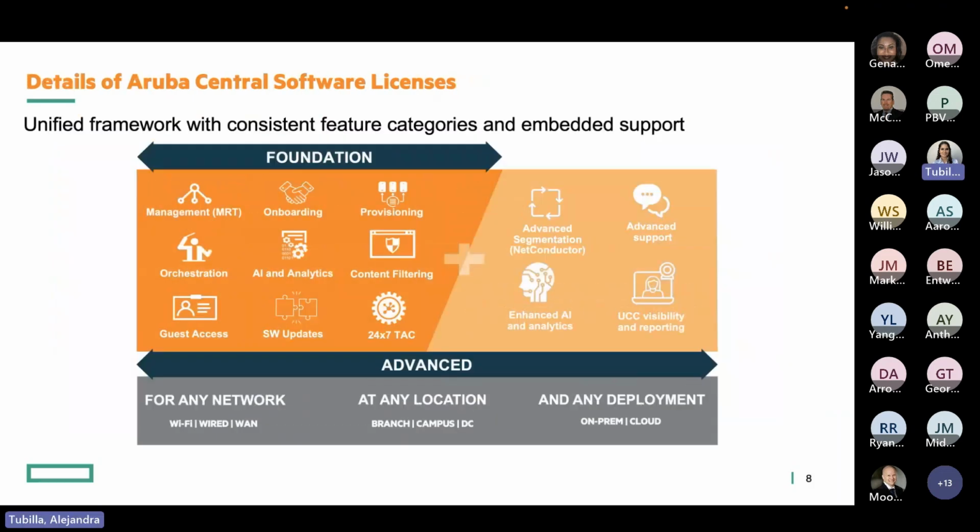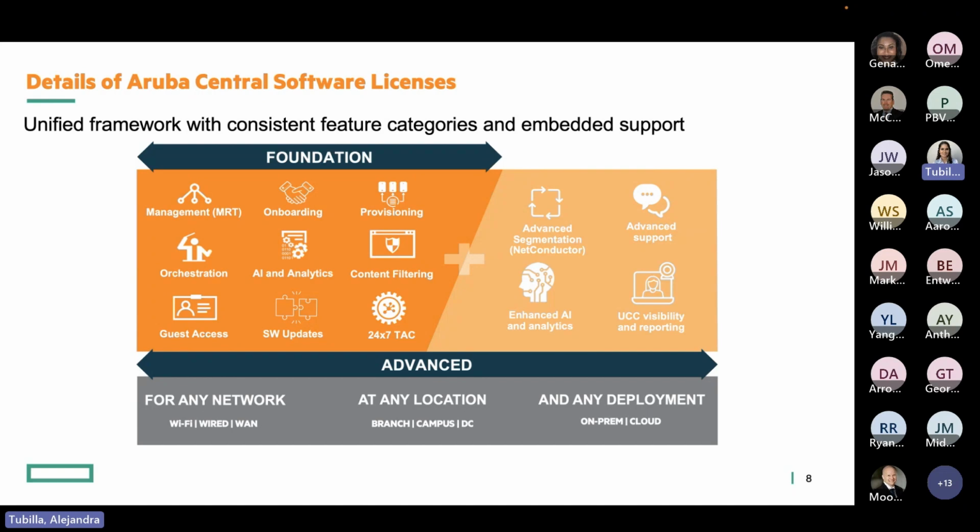So basically, we get everything from onboarding, provisioning, management, and configuration, even guest access from our Foundation licensing. And with our Advanced, we get everything in the Foundation and just more advanced AI analytics and even security features. So we have those two licenses, and how we do this is one license per every network device that we want to manage from the cloud.